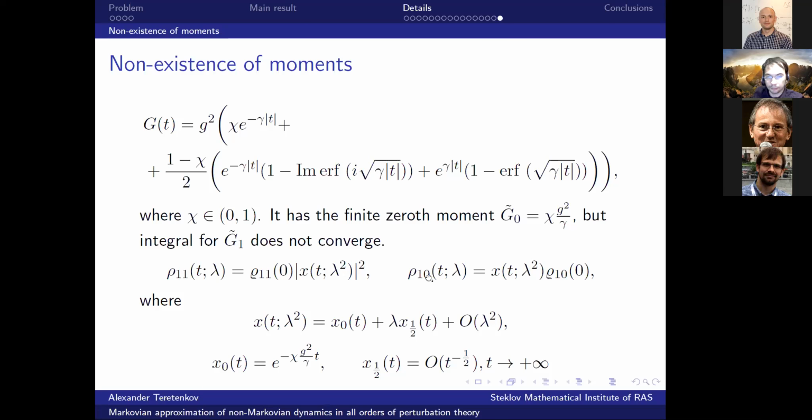Then for this correlation function, due to the non-existence of the first moment, we obtain half-integer terms in the expansion, namely not only terms of lambda squared, lambda to the fourth, and so on, but also terms of order lambda in the expansion of the density matrix.